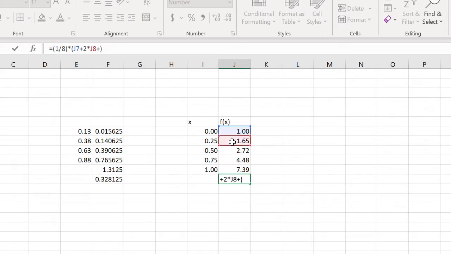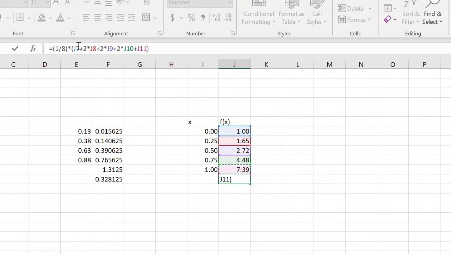You have to use the asterisk to do multiplication, which I constantly forget in Excel. Plus 2 times the fourth one plus the last one. Okay, so just making sure our formula is good.